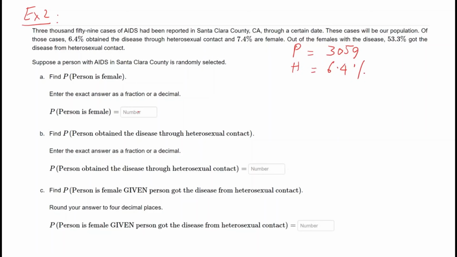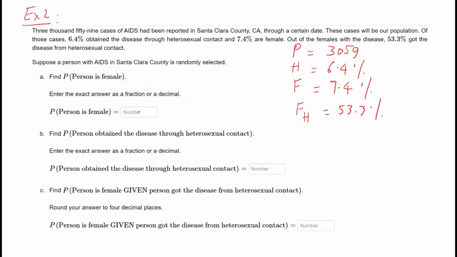Then there are some cases that are considered as just the female cases. We call them F, and they are 7.4%. And out of the females with the disease, 53.3% got it from heterosexual contact. So let's call that category as F sub H, and that is 53.3%.